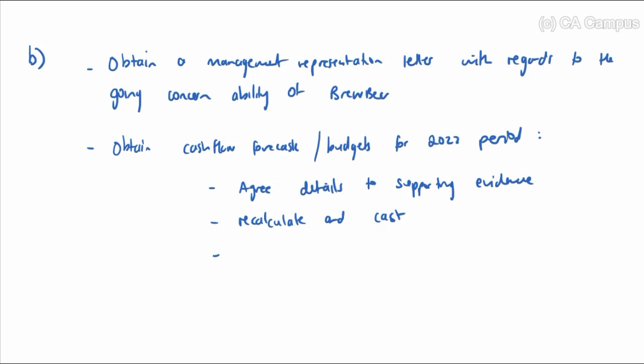And then I can go and test that it is reasonable by comparing to actual 2022 results to date. So doing a little bit of an analytical to make sure that what they are budgeting or forecasting makes sense compared to the actual results that are already there in 2022.